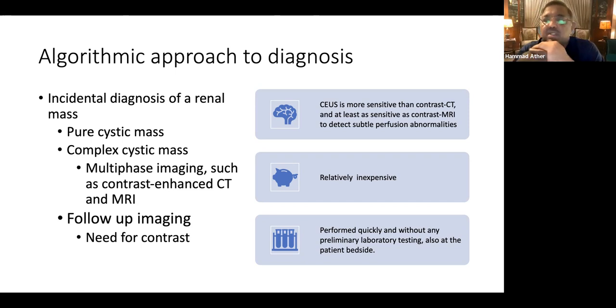The advantage is it's relatively inexpensive, and it can be performed quickly without any preliminary laboratory testing. So obviously, you don't need to have normally functioning kidneys in order to do contrast-enhanced ultrasound.